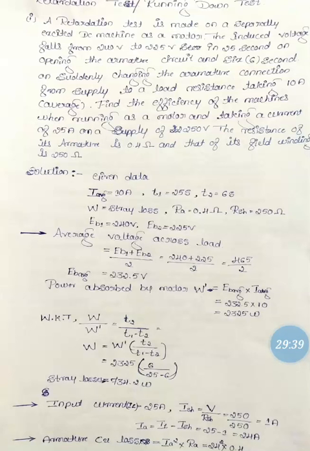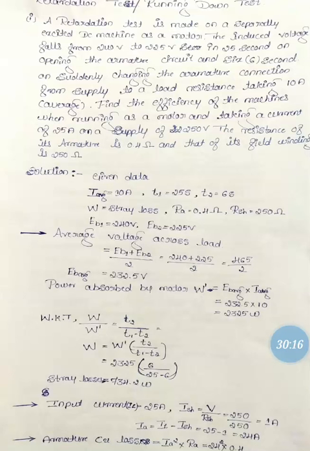So first you just write down the given data. The average armature current is given, that is 10 ampere. The time taken to reduce the voltage, T1, is 25 seconds. Then T2, the time taken for the sudden change in the connection from supply to the load, is 6 seconds. The stray loss is to be considered as W. The armature resistance is also given, that is 0.4 ohm.